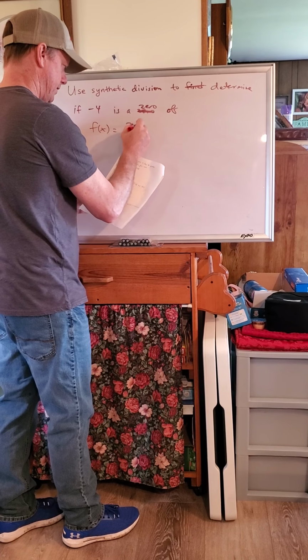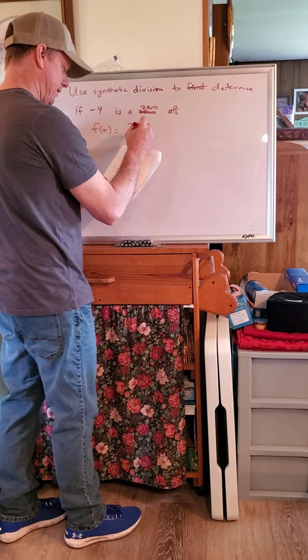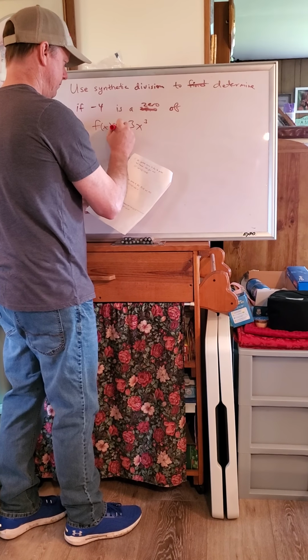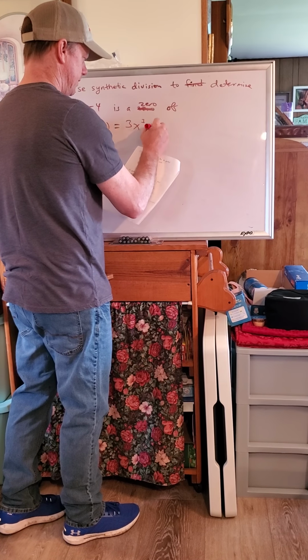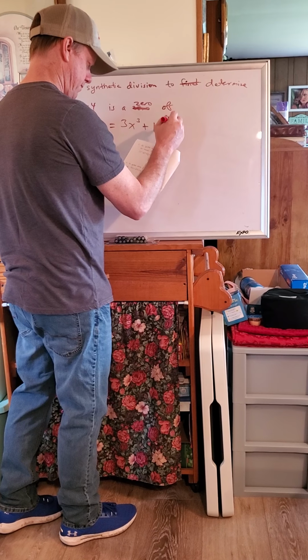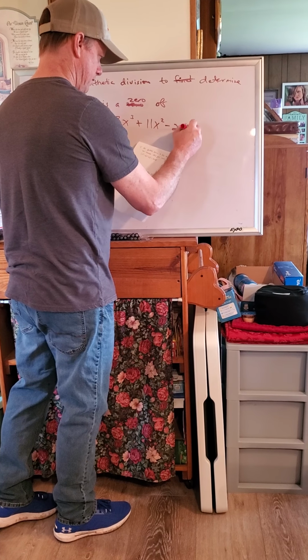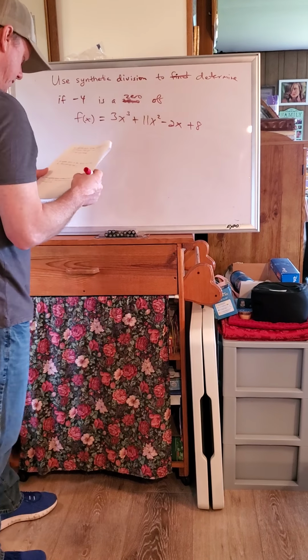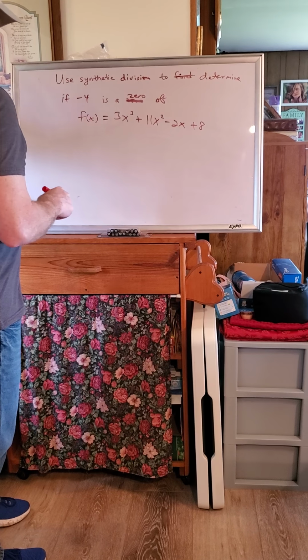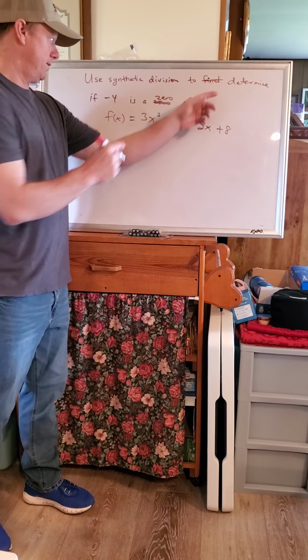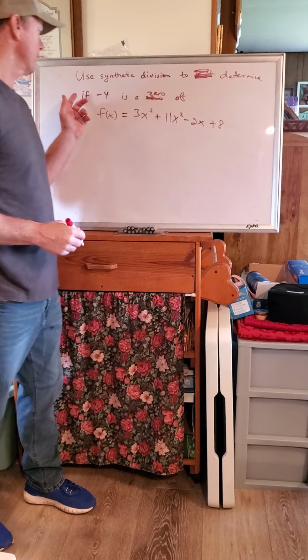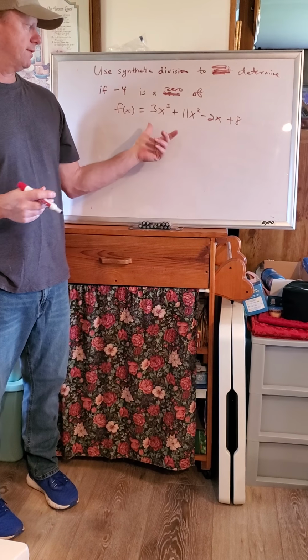And our function in this case is f of x equals 3x cubed plus 11x squared minus 2x plus 8. So we have to use synthetic division to determine if -4 is a zero of this function.